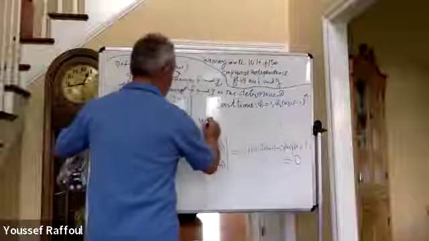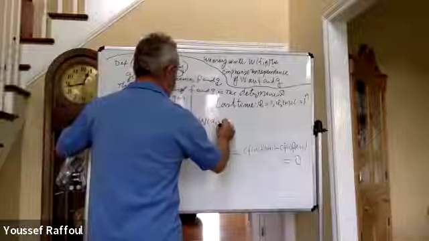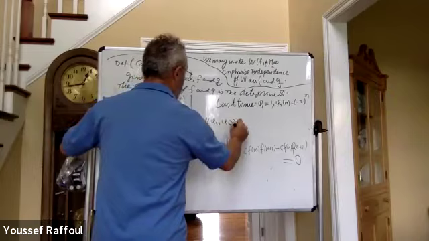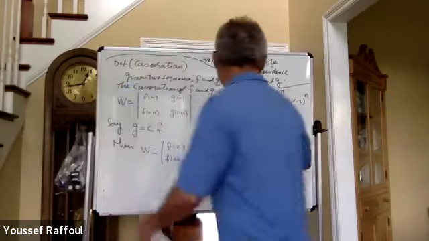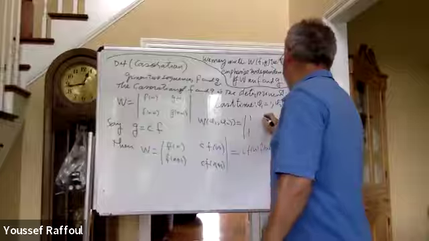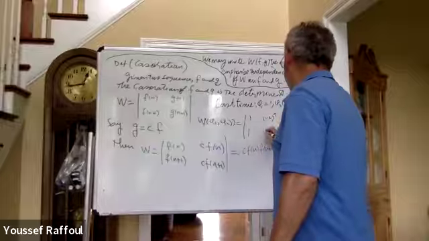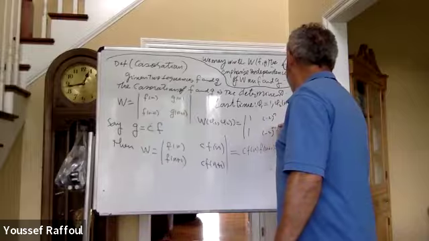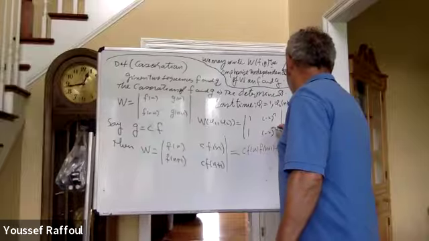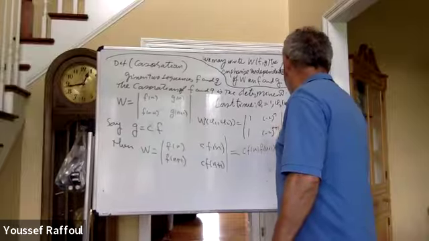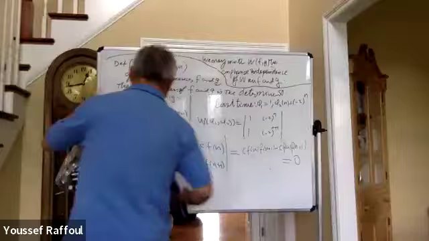Then W of phi 1, phi 2 is 1, 1, (minus 2)^n, (minus 2)^(n+1).